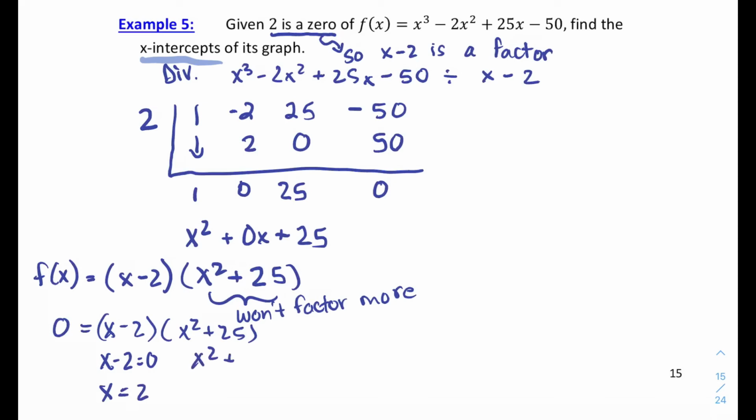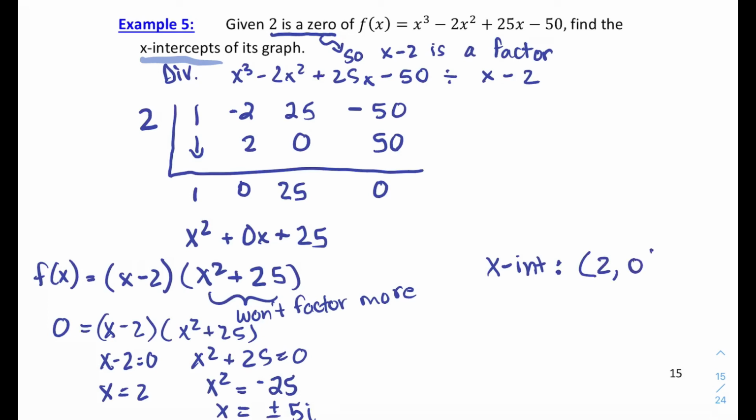And if I set x squared plus 25 equal to 0, I can solve it. But if I take the square root of negative 25, I'm going to get plus or minus 5i. So the only x-intercept this graph has is at the point (2, 0). The other two zeros that it's got are non-real complex numbers, so they won't give us x-intercepts on our real-valued coordinate plane that we're graphing on.